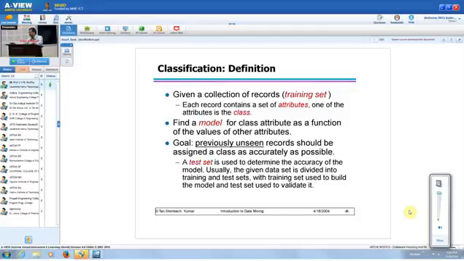So classification means you know the labels of the class. That is, you have some data, certain attributes will be there in the database table. Okay, and these attributes are related to some concept, and one special label called classes.